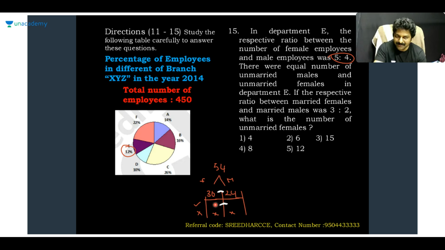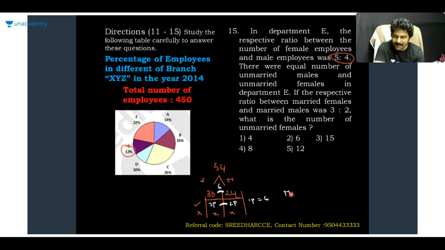So female married, male married, difference should be equal to 6. And if the respective ratio between married female and married male is 3 is to 2, if it is 3 parts, it is 2 parts. Difference must be 1 part. It has to be 6 because initial difference between total number of male and female is 6. Now, what is your question? What is the number of unmarried female? You need to calculate unmarried female.